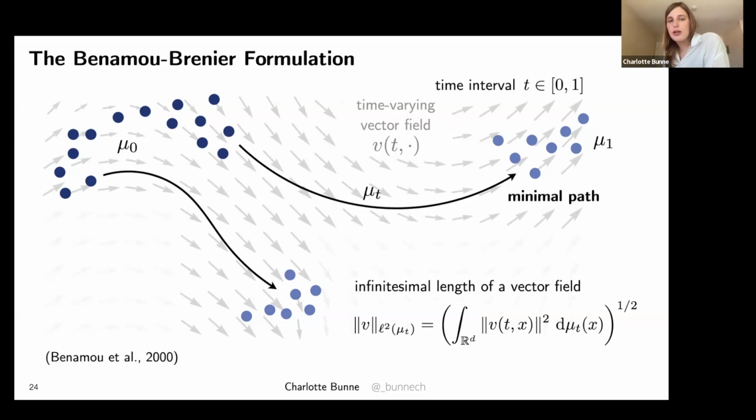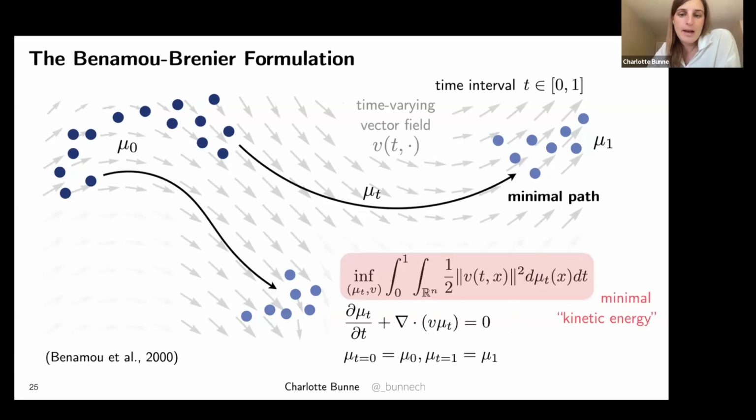I'm not going to dive into this, but these types of principles have actually been used to connect optimal transport to neural ordinary differential equations, as well as connections to flow matching. But we are going to derive it via a different route. So the overall Benamou-Brenier formulation is now, I'm looking for this vector field, v, and the minimal path, such that I conserve my mass, I have my marginals at mu0 and mu1, and I'm following the minimum kinetic energy.